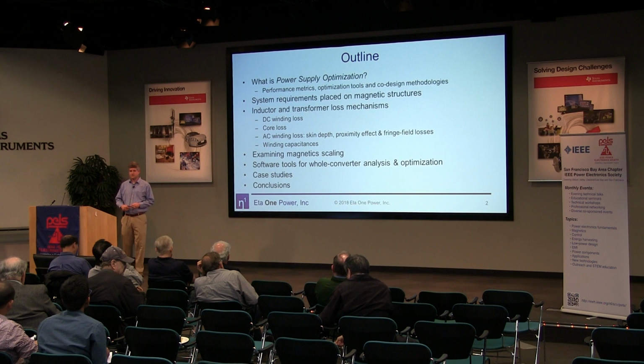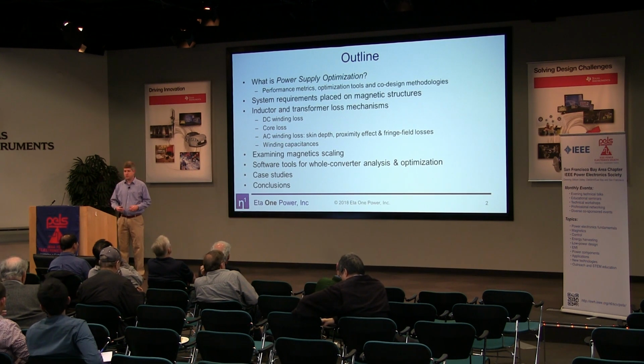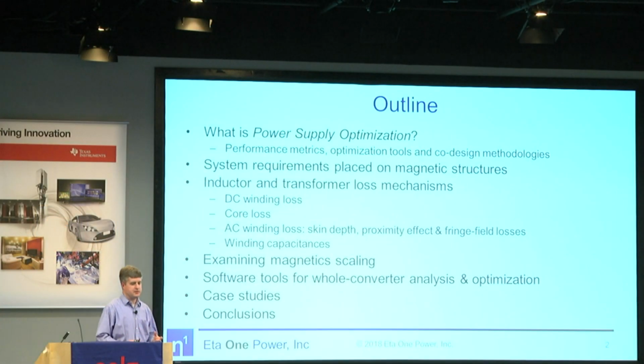We'll look at system requirements placed on magnetic structures in terms of external requirements on the design of them. In order to optimize a transformer or an inductor in this context, you really have to understand the losses in order to get the smallest size, the most efficient inductor, and most importantly, something that's reliable and will act how you expect it to act.